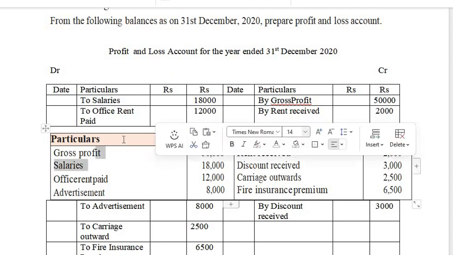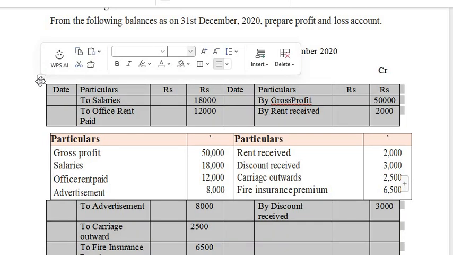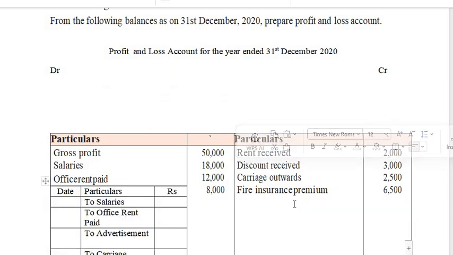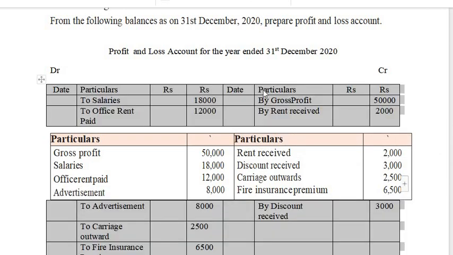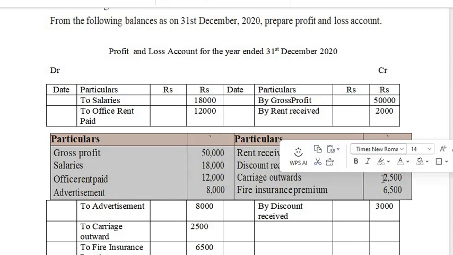So while preparing a P&L account, just for this question, we are going to prepare the P&L account.